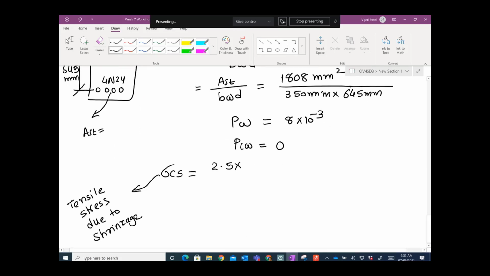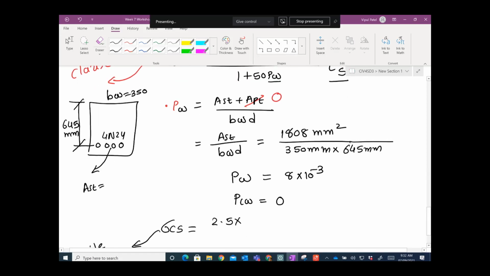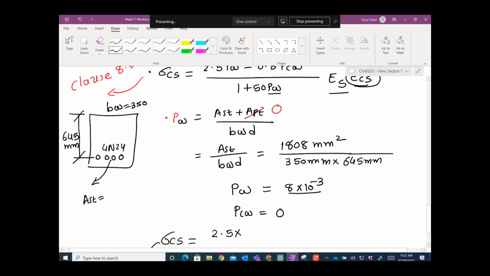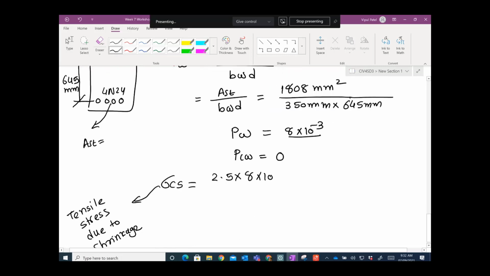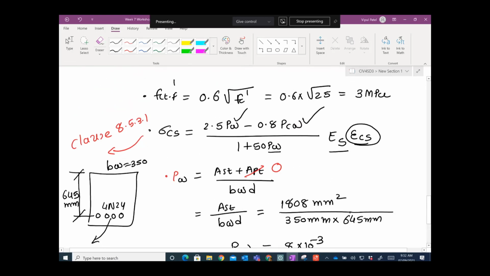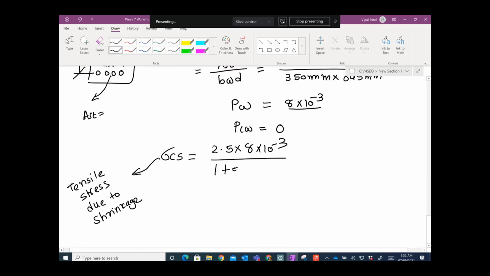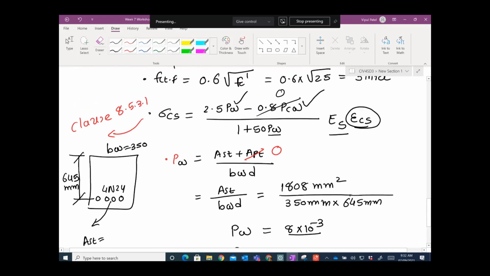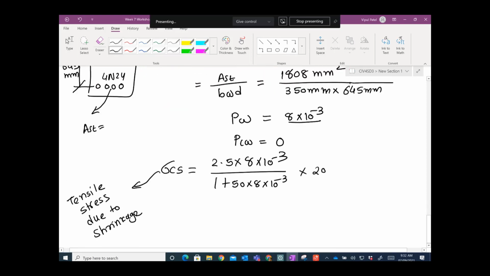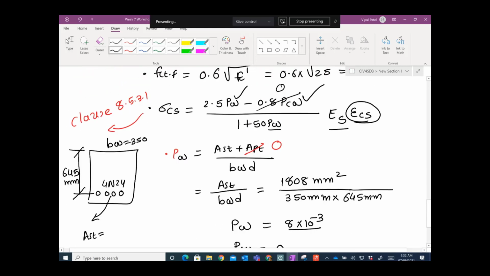So 2.5 times PW, which was 8 times 10 raised to minus 3, over, this is 0, 1 plus 50 times 8 times 10 raised to minus 3, times Young's modulus of the steel, 200, times ECS, and this shrinkage strain is given in our example.